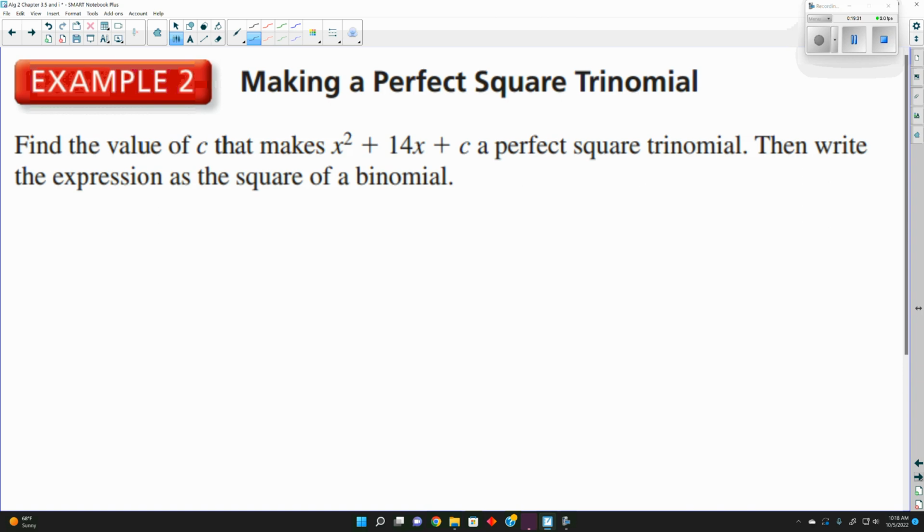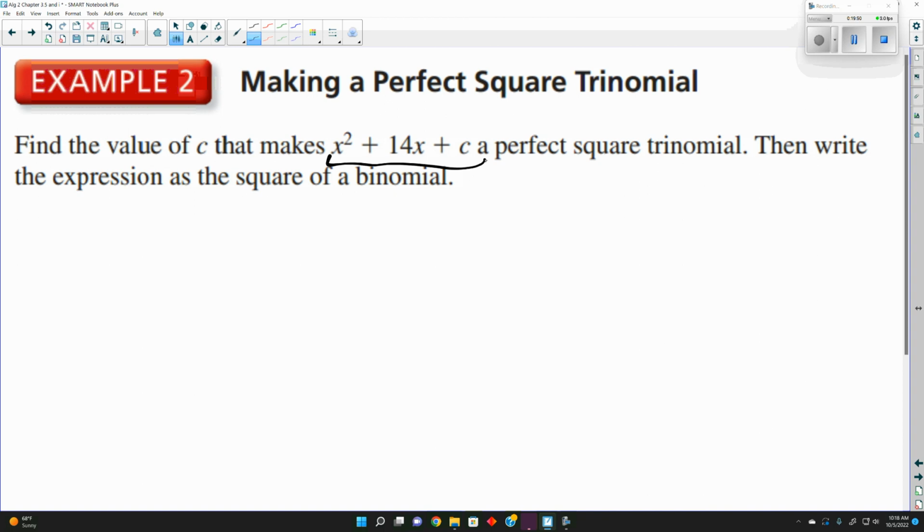Now the first thing is actually making a perfect square trinomial. Being able to turn any quadratic into a set of parentheses squared. Because if we're able to do that, we can solve any of these here.